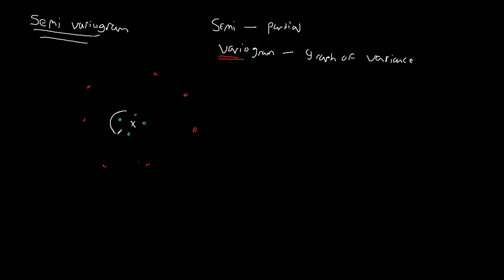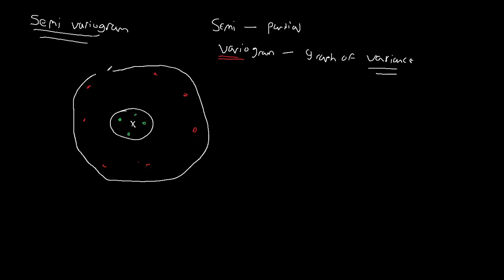If we were to look at the values of these points here, we would expect, based on, again, Tobler's first law of geography, that the variance of these points would be lower. If we were to measure the variance of these points that are farther apart, we would expect that variance to be higher, again, because of Tobler's first law. Things that are farther apart are expected to be less similar.